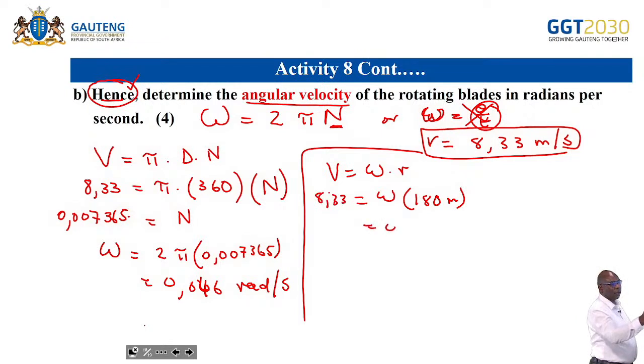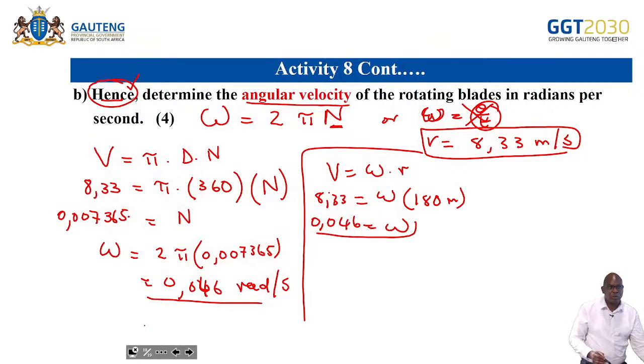Then I can just get my omega by dividing 8.33 by 180. And then I'll have the same answer, which is 0.046 radians per second. So I get the same answer if I do it like that.